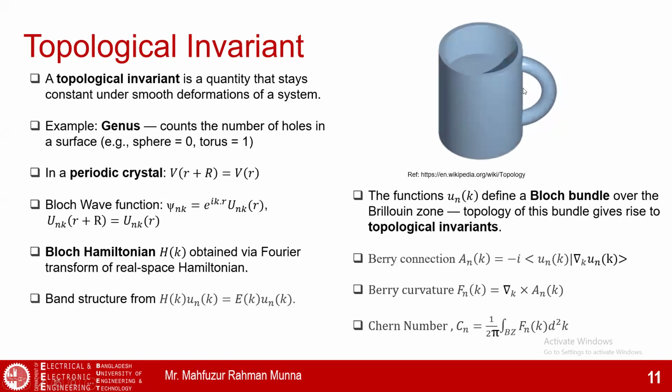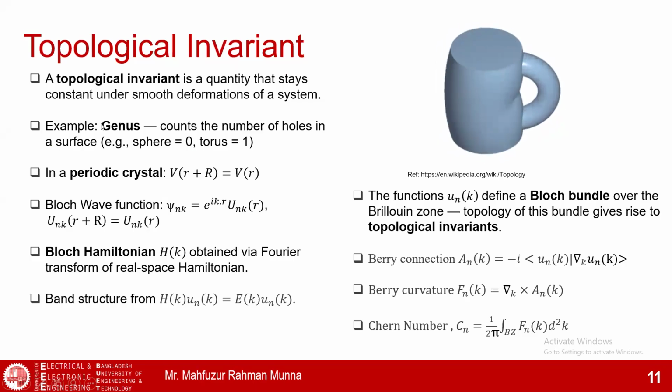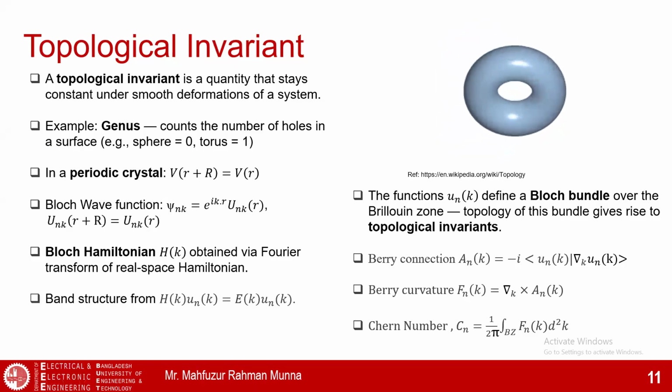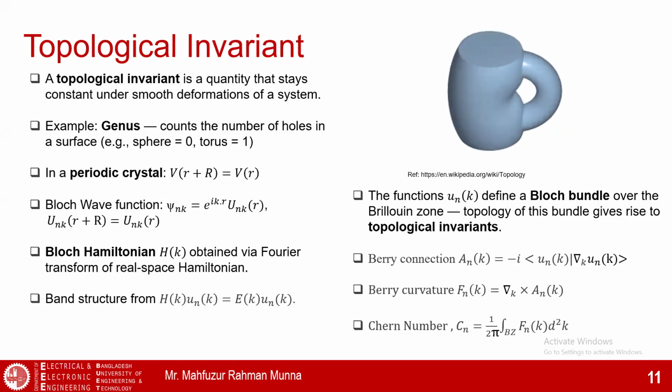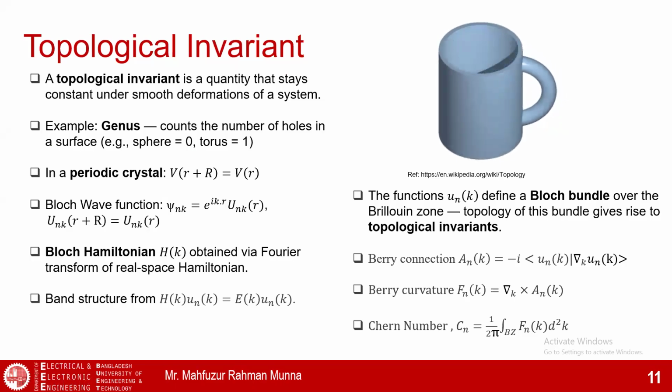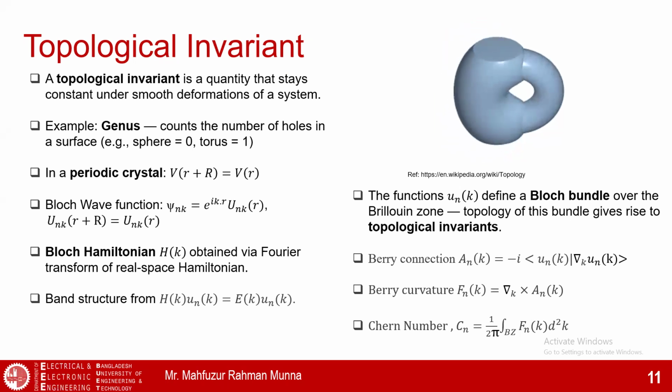So that hole is a topological invariant, which is called genus. Although we transform the coffee mug into a donut, that property hasn't changed. So we can say that a coffee mug and a donut are topologically equivalent.